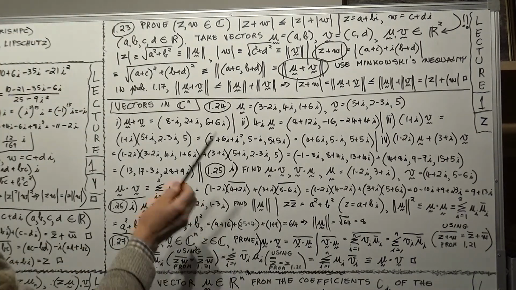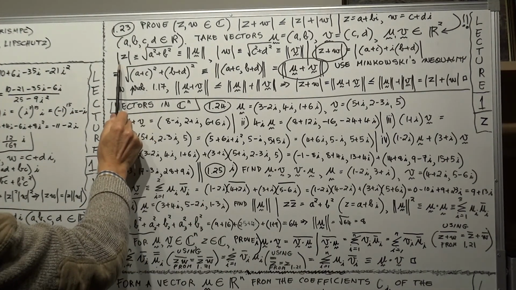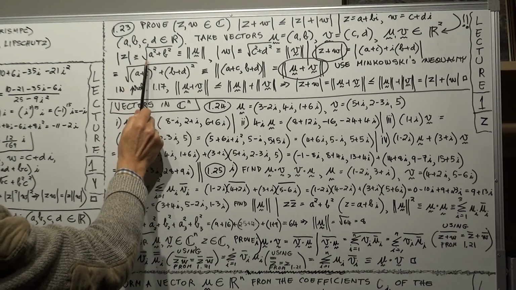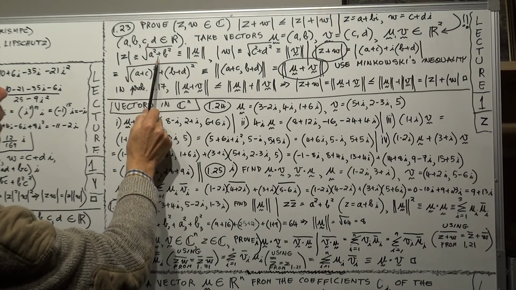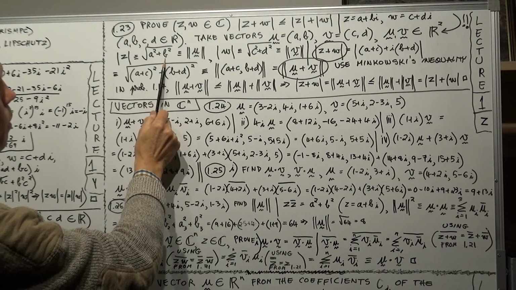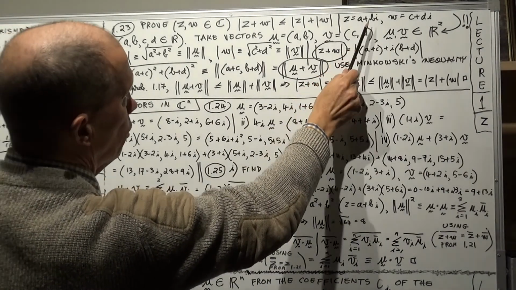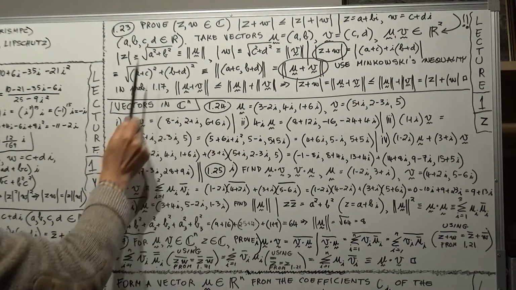Alright, so now mod of z, by definition, is the square root of the real part squared plus the square of the complex part. So the mod of this will be the square root of a squared plus b squared here.